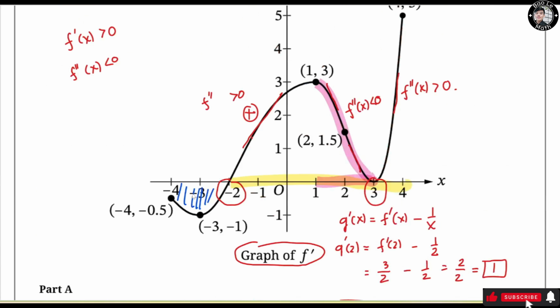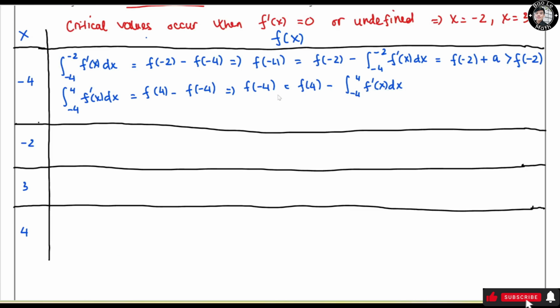Which is the net change of this area plus this area, and this area, right? And you see that the area above the x-axis is always bigger than the area below the axis, right? So this is always positive, right? So f(-4) equals f(4) minus a positive number, which is always less than f(4), right?